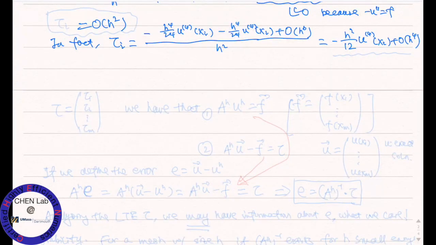Okay, so that will be used later. We're not going to dig deeper into that. But for now, we need to know that tau i is of order h squared.